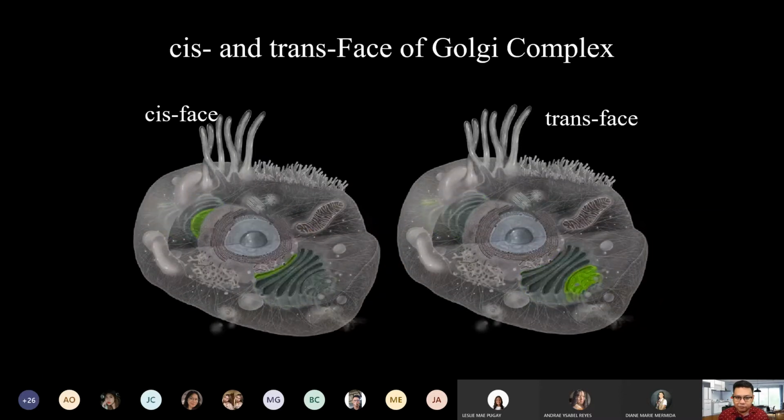Okay, we have two phases of the Golgi complex. Para madaling tandaan, when cis ang pinag-uusapan, this is facing the nucleus. Kapag trans, it is facing away from the nucleus or farther away from the nucleus.